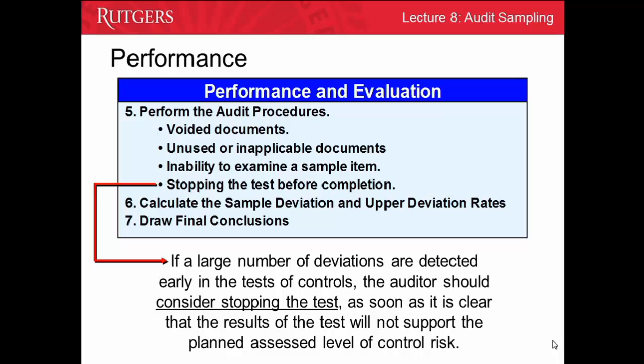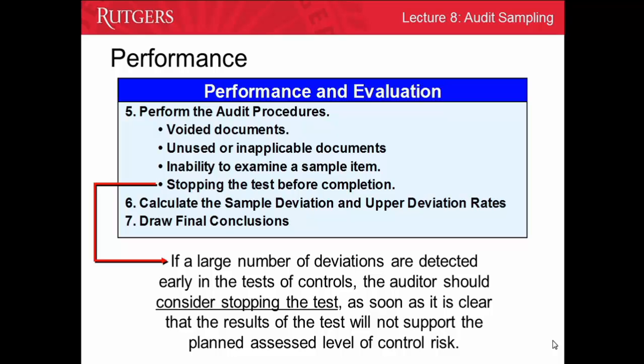Whenever a deviation is observed in controls, the auditor should investigate the nature, cause, and consequence of the exception. The auditor should evaluate the qualitative aspects of the deviation identified. This involves two considerations.